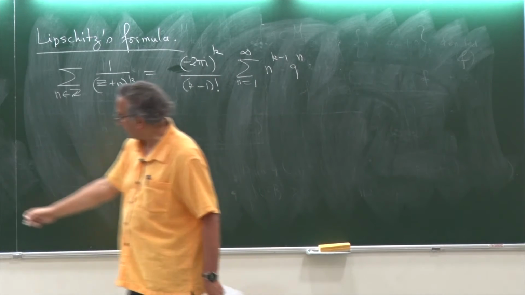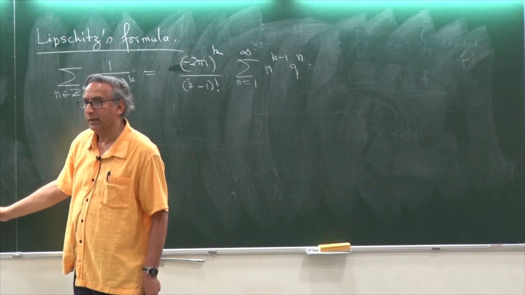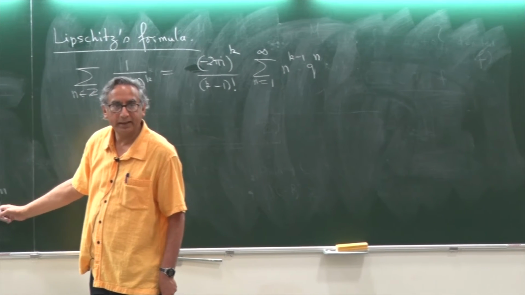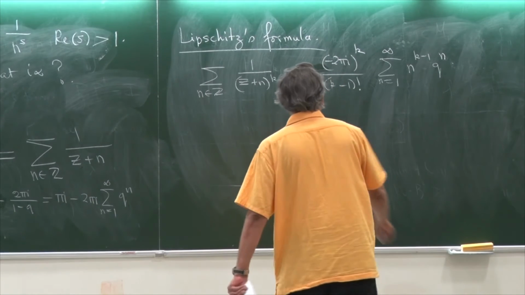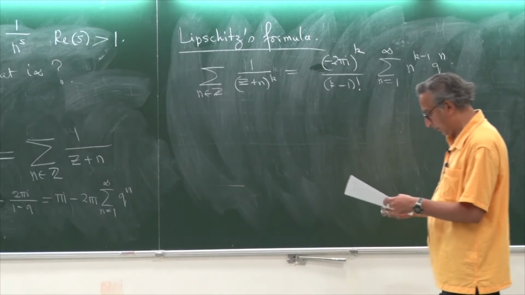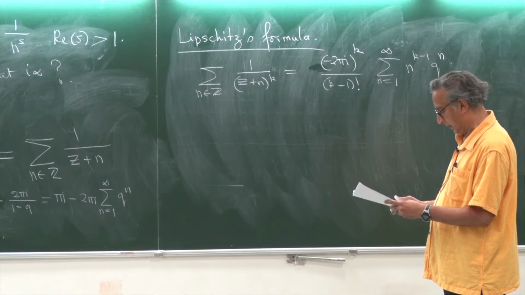When I successively differentiate q to the n with respect to z, I keep picking up powers of n, and so you end up getting this. It's a rather beautiful formula in its own right.